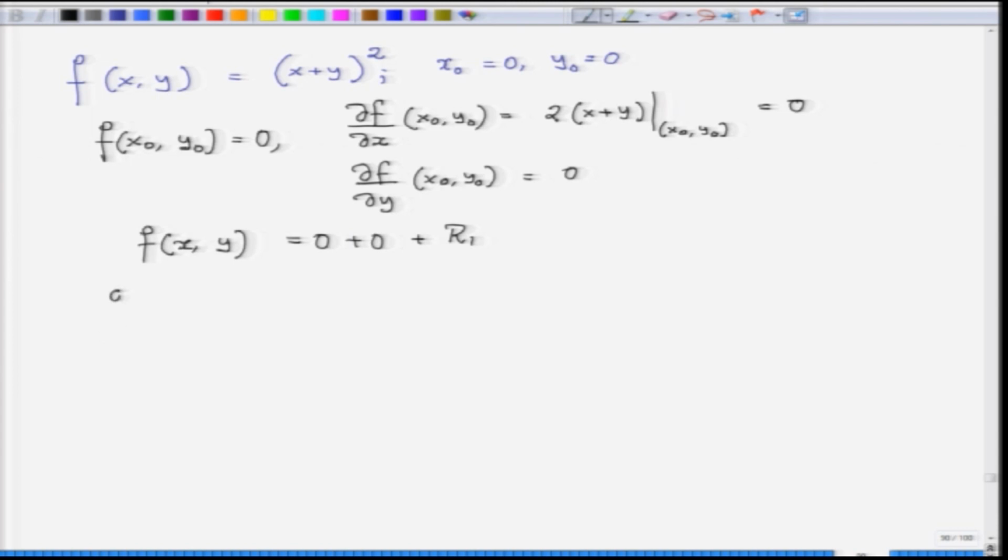Now, let us come to the second order expansion. For that, we have to do del 2f del x2, and what is that? Del 2f del x2 in this case is 2, because there is no y.